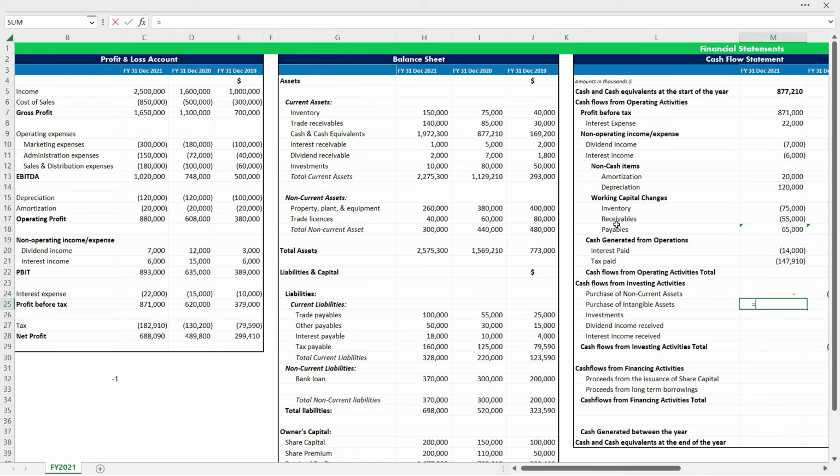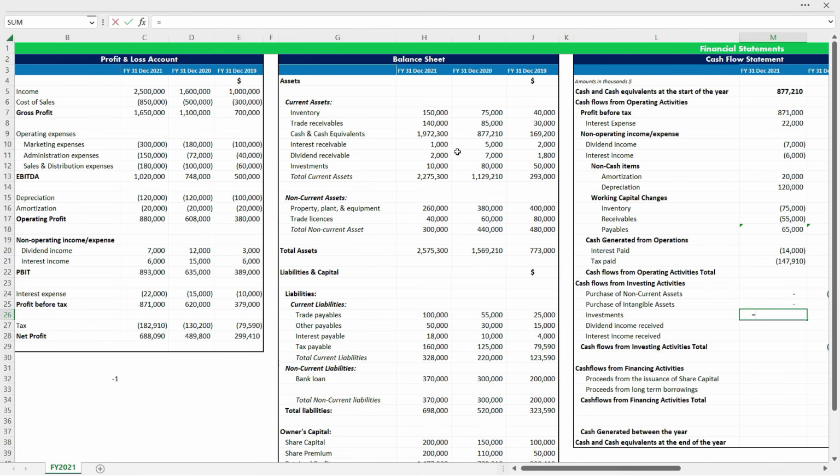And similarly for intangible assets, I'm gonna say this value minus amortization, that is actually plus, and minus the opening value, and again just for best practice I'm gonna wrap this around and multiply that with -1.